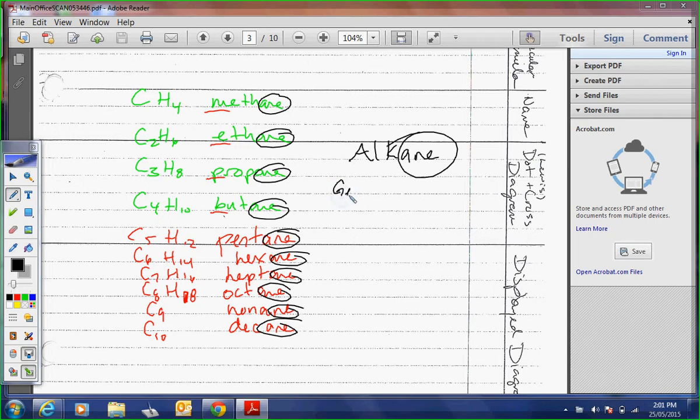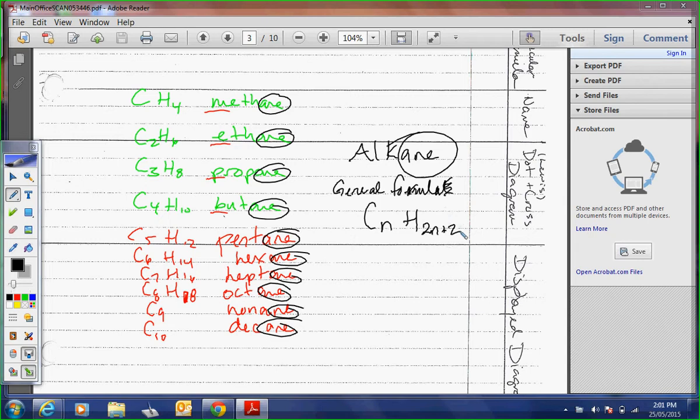Okay. So an alkane's general formula is CnH. You guys were already kind of getting the pattern before. You were going 4, 6, 8, 10. Pick up your pen and start writing this down. 2n plus 2. Okay?